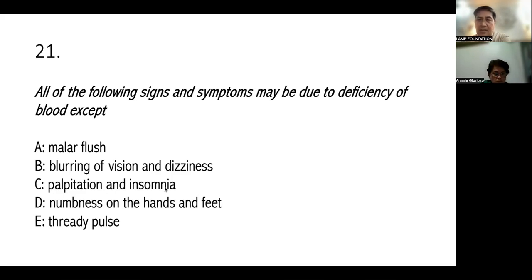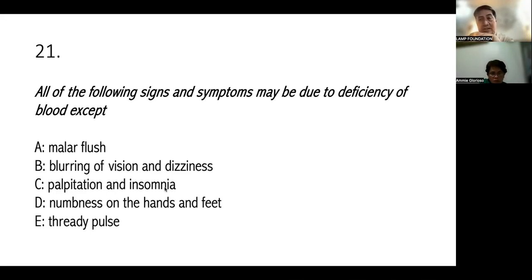Liver po. Yeah, liver. Okay. So ano trabaho ng liver sa blood? What does it do? Nag-cleanse po ng blood. Sa TCM tayo. Siya po ang nag-store ng blood. Okay? Siya po nagpo-control ng blood.